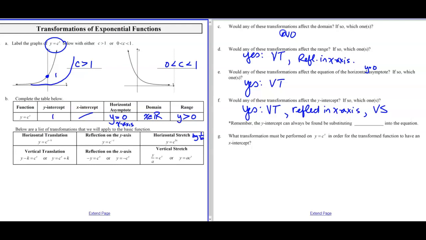So a horizontal translation will also affect the y-intercept. A reflection in the y-axis won't, because it's on the y-axis, and a horizontal stretch won't, because it's on the y-axis. Okay, but those all vertical and a horizontal translation.